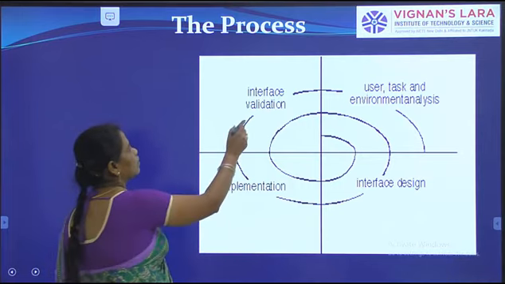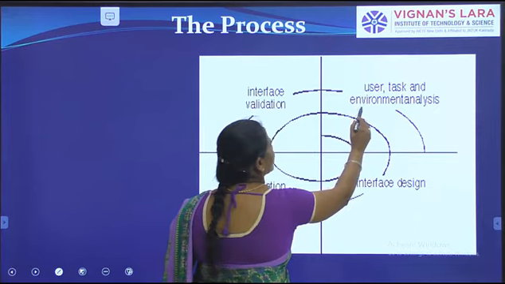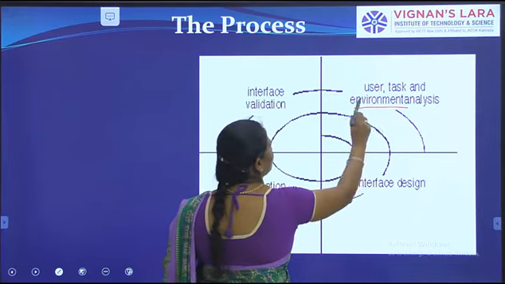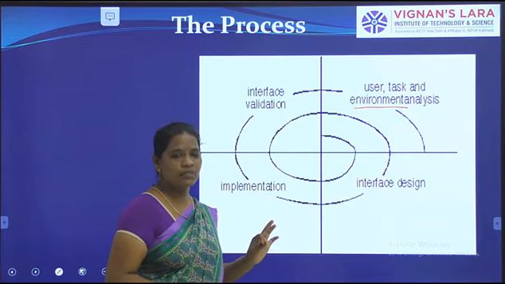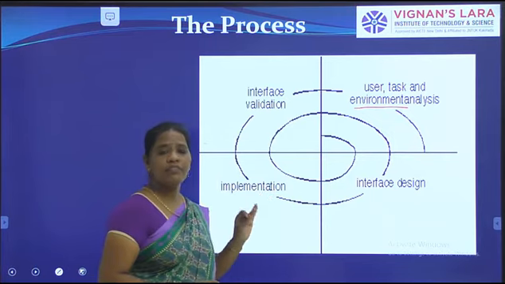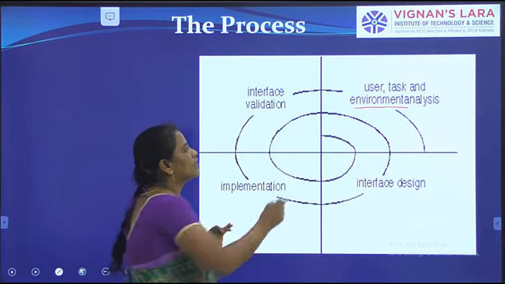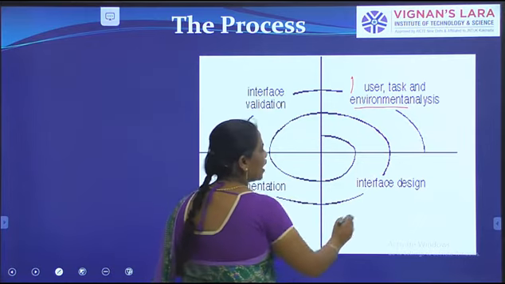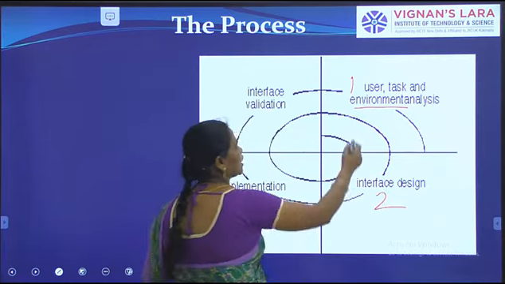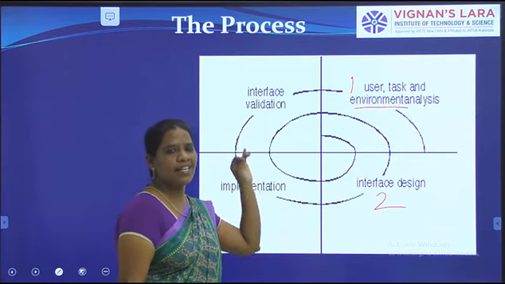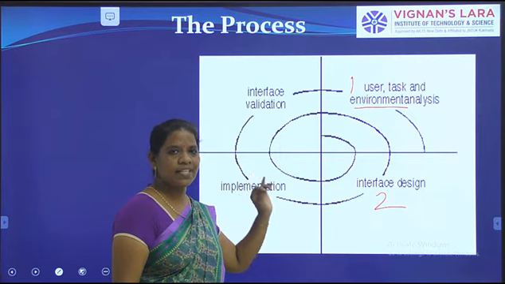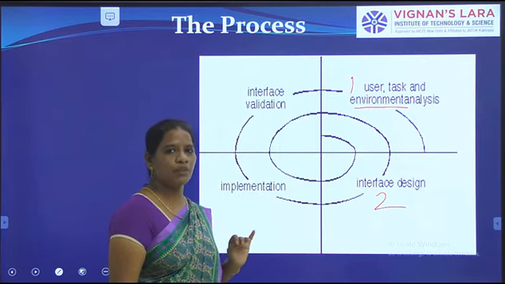So see here. The first one is the user task environment analysis. First, who is the user who will use this system? What are the tasks we have to do? What is the environment we are using? We have to analyze. This is the first one. Second, we have to go for the interface design. Based upon this analysis, we have to design the interface. What are the screen elements we have to design? How the screen background, which color we have to give. Okay.